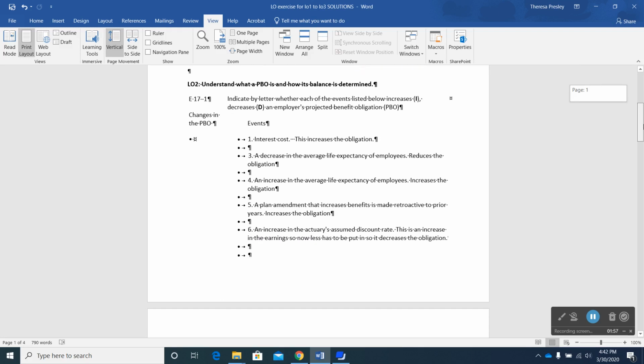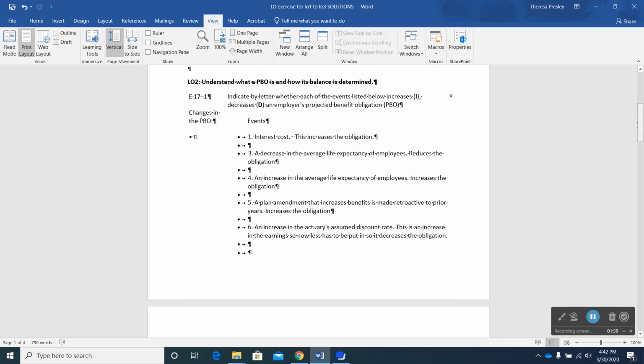When we're talking about a PBO here, in Learning Objective 2, we are really talking about a plan in which we have established what the employee is going to be receiving. And this is the plan where we are taking on a tremendous amount of risk, because we are in effect guaranteeing the amount that an employee is going to receive so many years into the future.